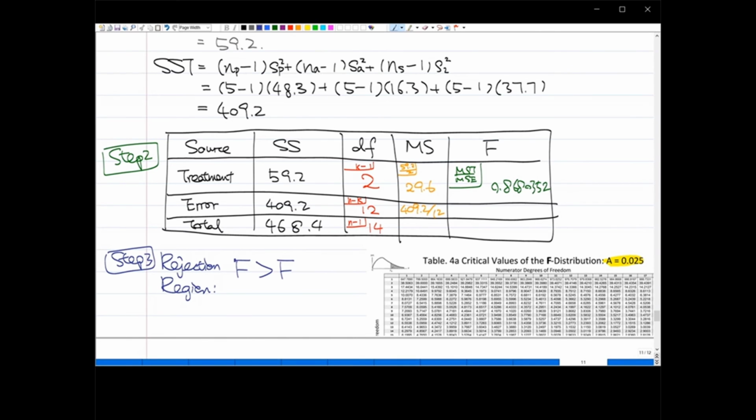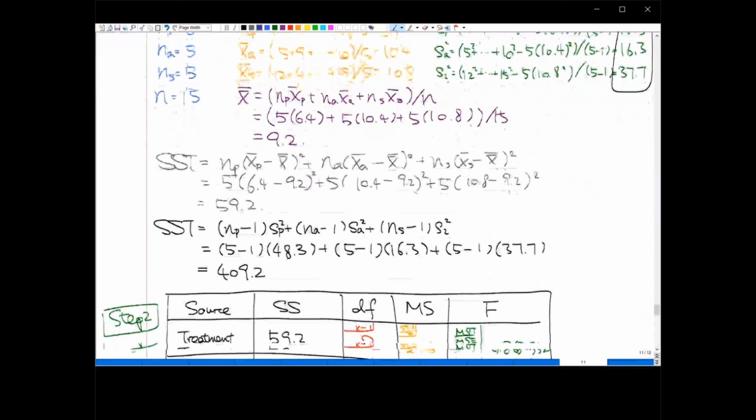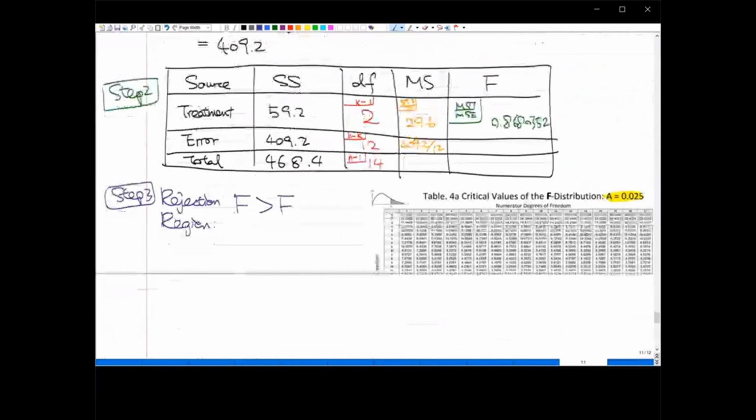Here we are doing a 2.5% level of significance. So you should go to the table with alpha equals 2.5%, and for degrees of freedom you pick these two numbers, 2 and 12.